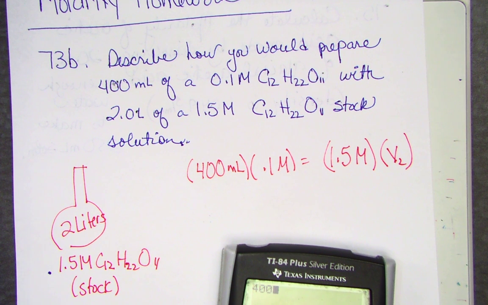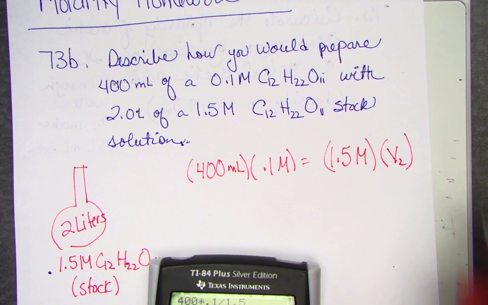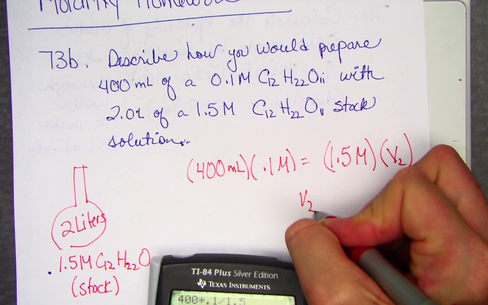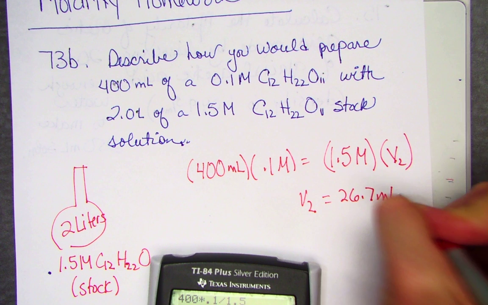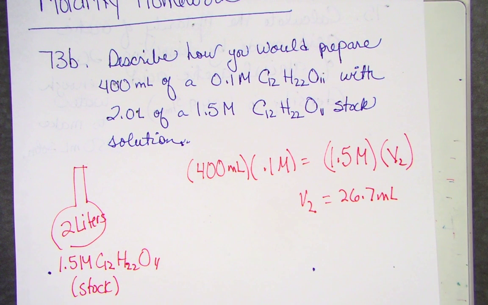So 400 times 0.1 divided by 1.5 gives us 26.67. V1 comes out to be 26.7 milliliters. It's asking us to describe, which means we need a sentence.